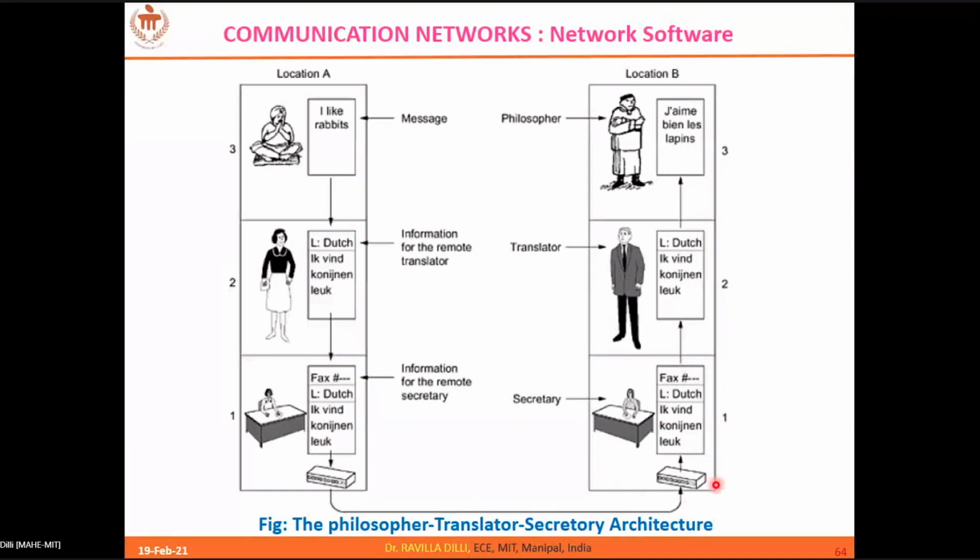Then at the receiving end, this fax content, which is Dutch, will be given to the translator, and the translator will convert it into Japanese. Hopefully it's Japanese. This philosopher is using the Japanese language. So no matter which language they are using, you are still able to connect them properly. How is it possible?